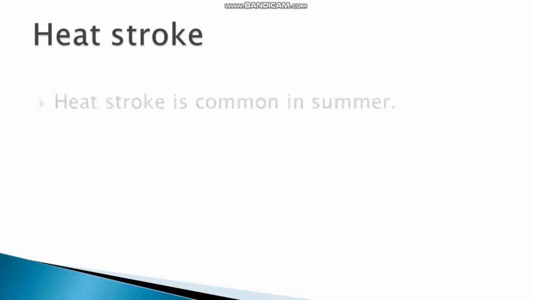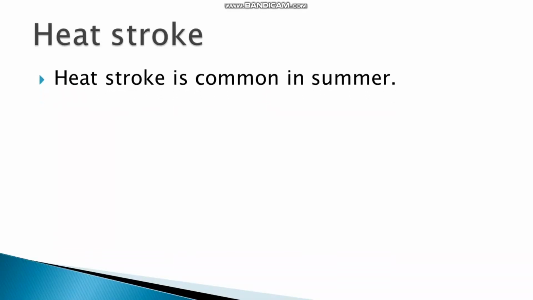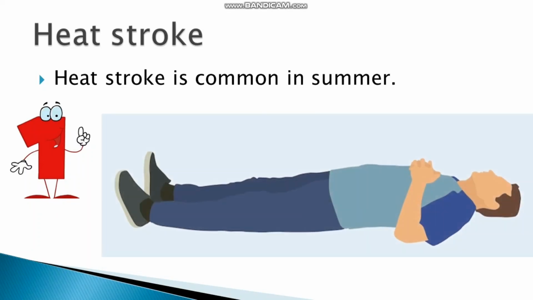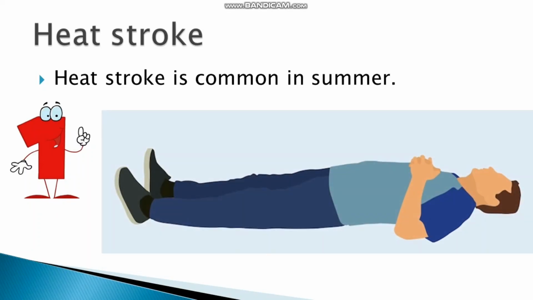Heat stroke is basically very common in summers. It occurs due to excessive loss of water from the body in the form of sweat. If a person gets a heat stroke, what are the things we must do? The first thing we are supposed to do is make him lie down in a cool place.